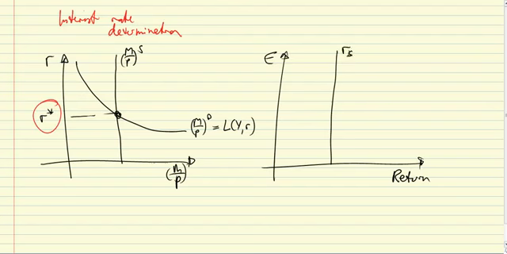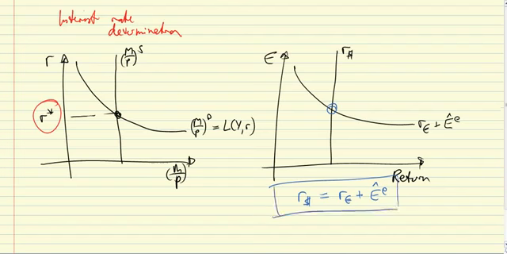One of them, our dollar rate, is just the domestic interest rate, the domestic return on financial investment, and the other is the euro rate plus E hat E, the expected exchange rate depreciation. So where these are equal, the dollar interest rate in the US is equal to the interest rate in Europe plus expected exchange rate depreciation, and that is our no arbitrage condition, and it determines the equilibrium exchange rate.